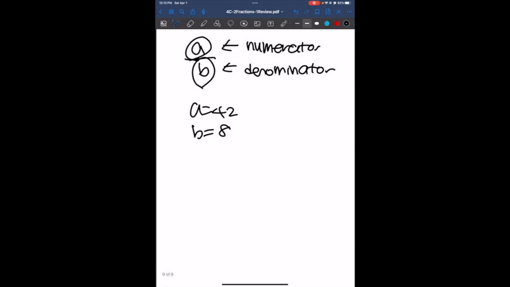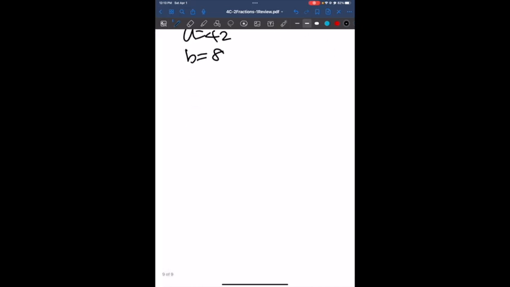And also, we're going to go over concepts of how to compare two fractions.